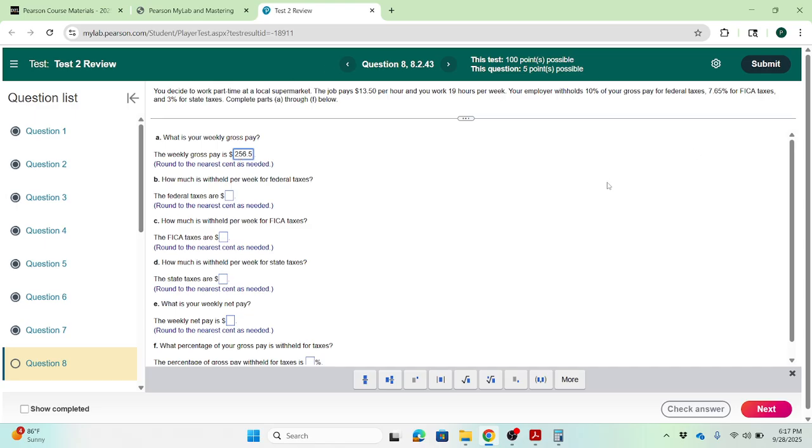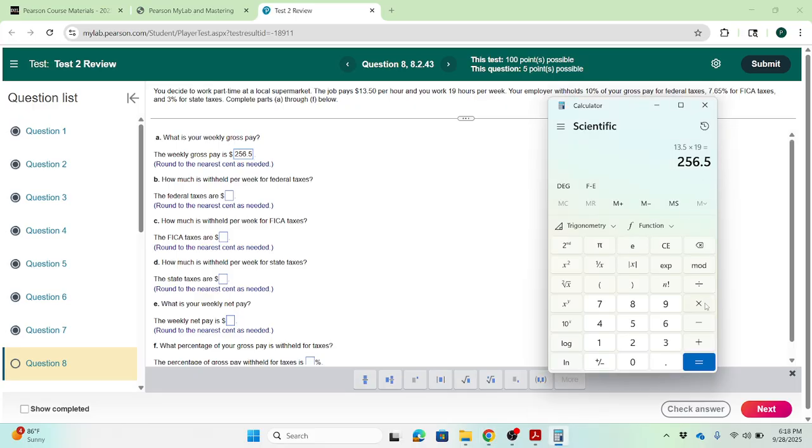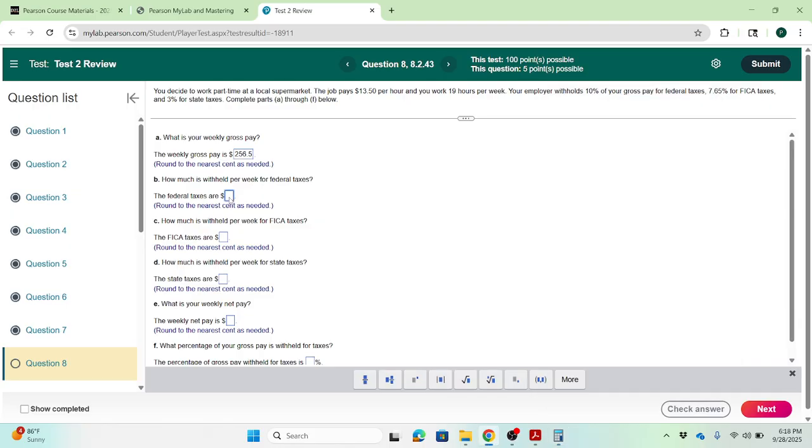Okay. And now, how much is withheld per week for federal tax? Remember, federal tax is 10%. So 10% of this is $25.65. Round to the nearest cent, so $25.65.